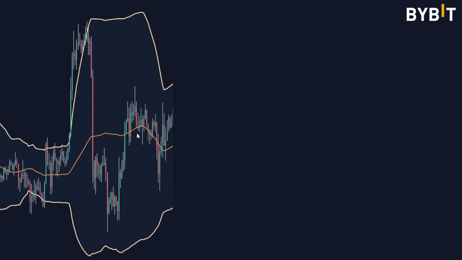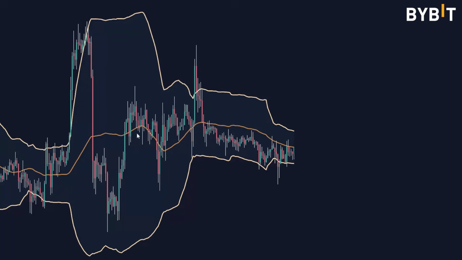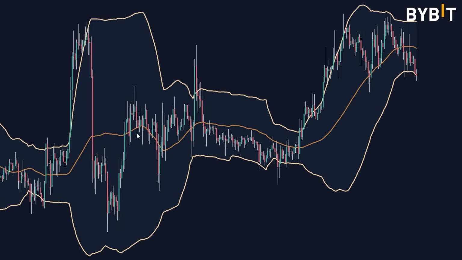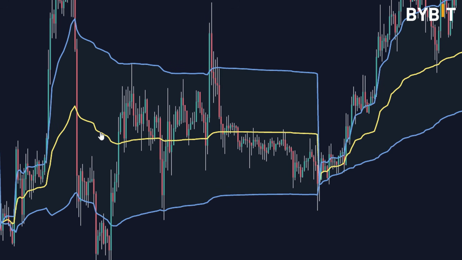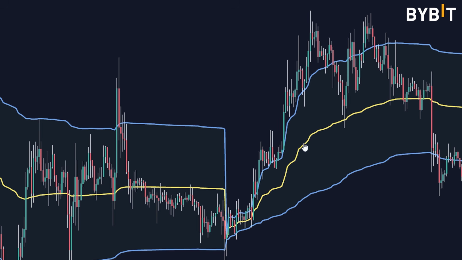But with Bollinger Bands, because it is a moving average, that average is moving with every new candle. And so that average is moving along, which is why we get the oscillation up and down with that moving average. But with VWAP, the line moves sideways, and the bands move sideways. When the market is trending, then the VWAP line will have a directional bias, and also the bands will have a directional bias as well.